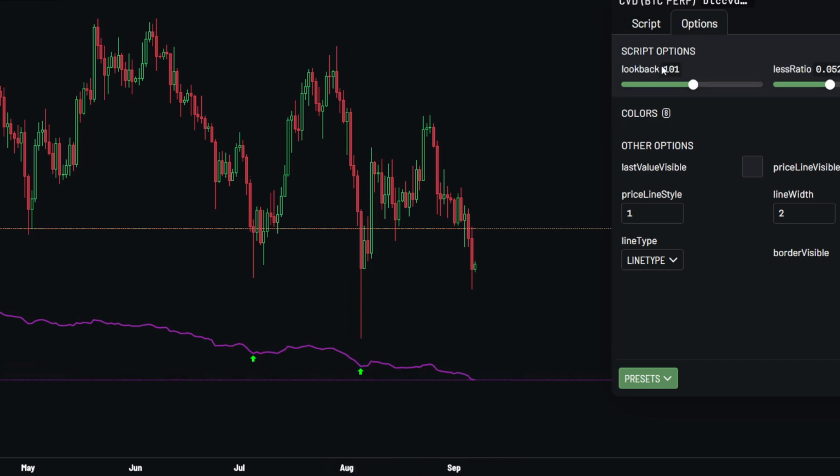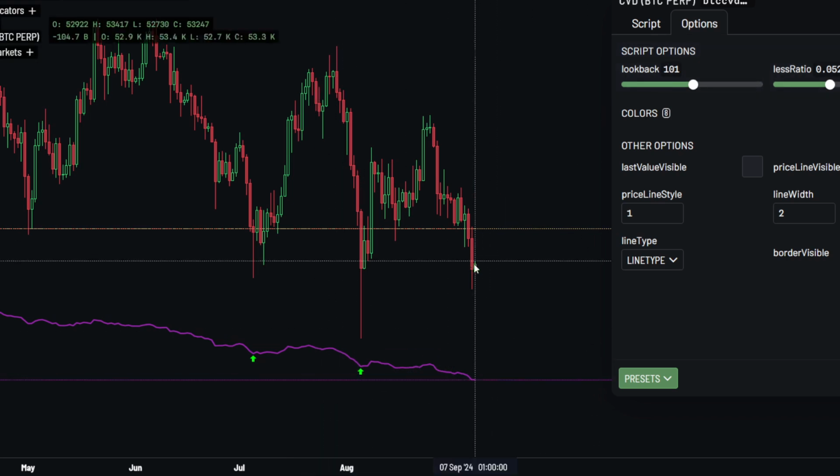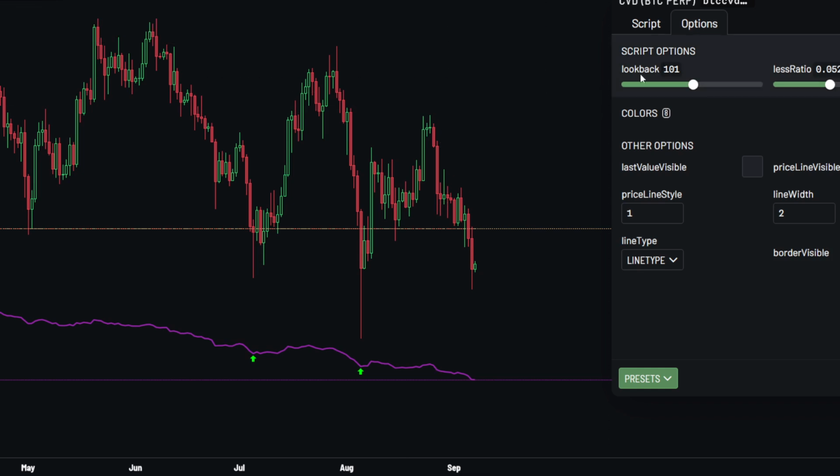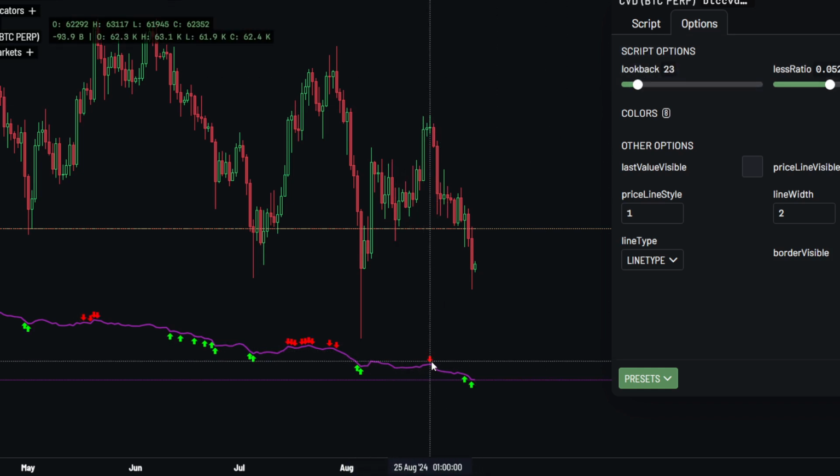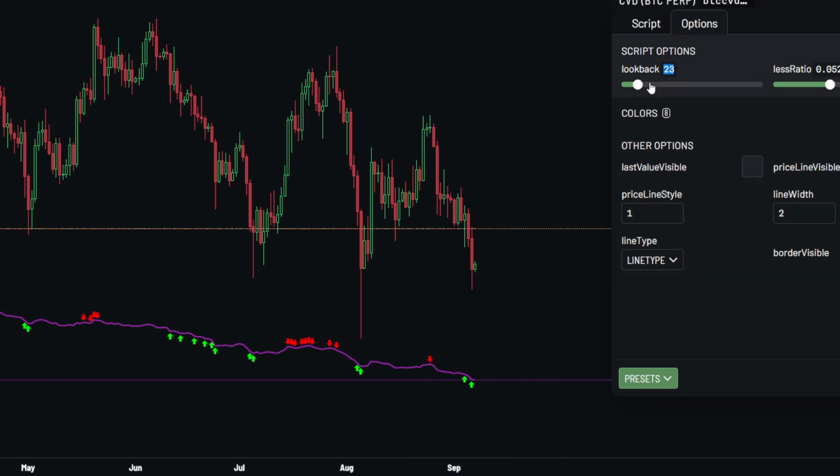At least over 100 to say, okay, we might move up. They need to overcome the volume of the sellers here, which is 23. We need something like 100. It should be at least double, and higher if possible.